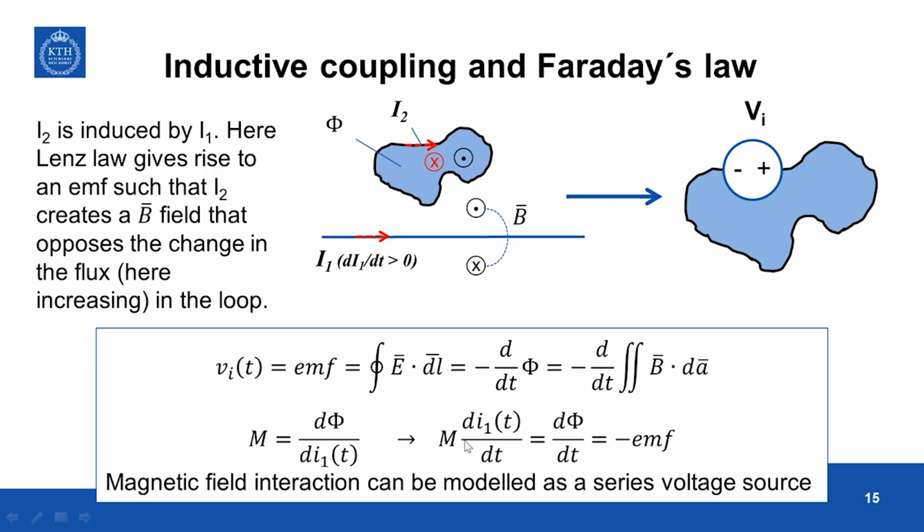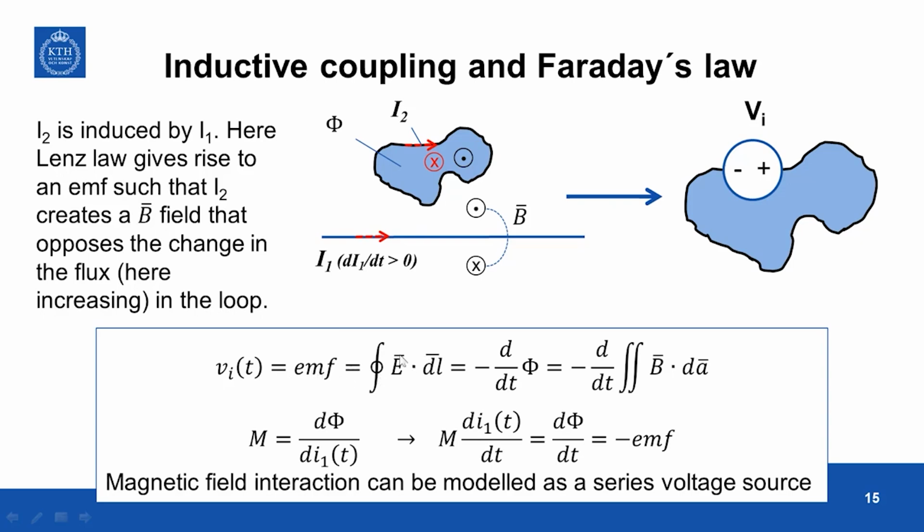Now, how to model the inductive coupling? We have seen in chapter 2 how to model magnetic field interaction as a series voltage source. That is shown pictorially over here. The equations also we have seen from Faraday's law.